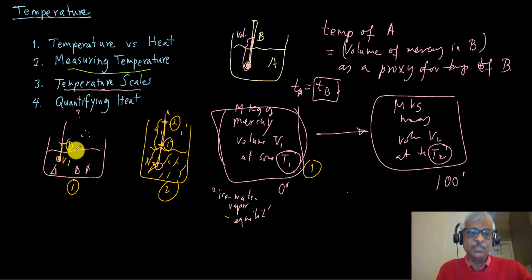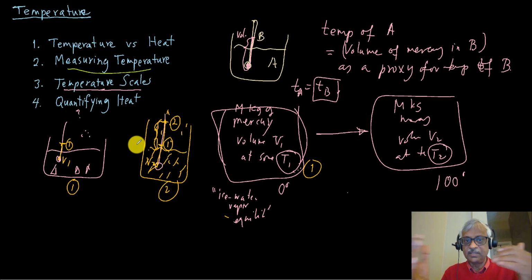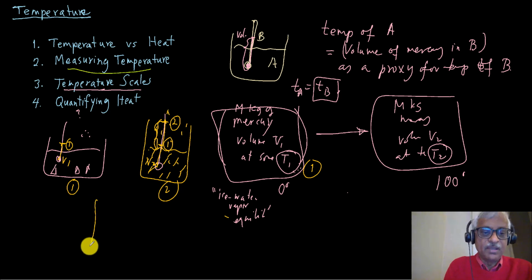And then we can say a change in this volume will correspond to, say, 100 divisions of some scale, and that is how we define a scale. So we can say, all right, when the volume is V1, this temperature will be 0.